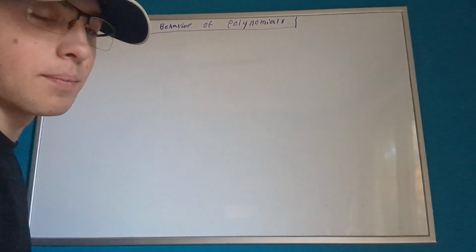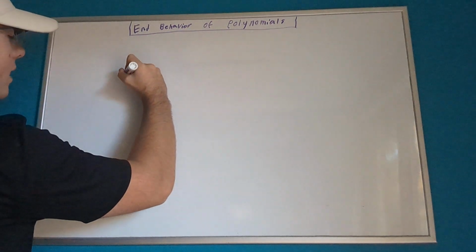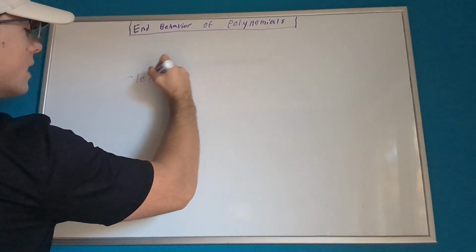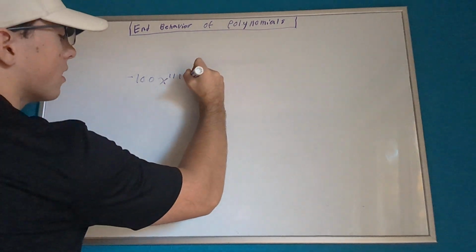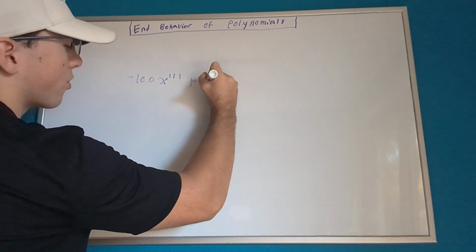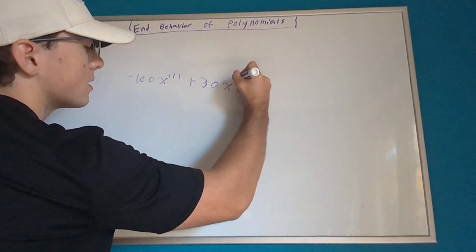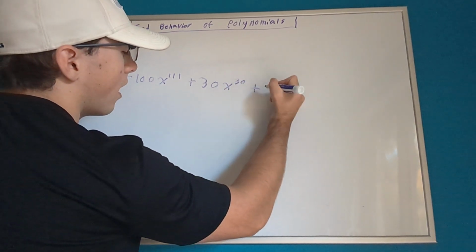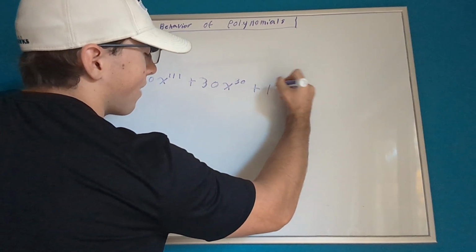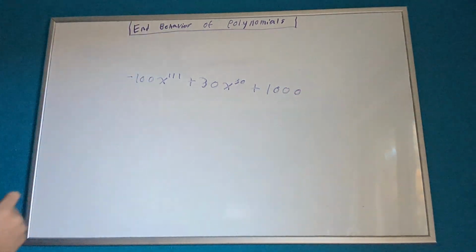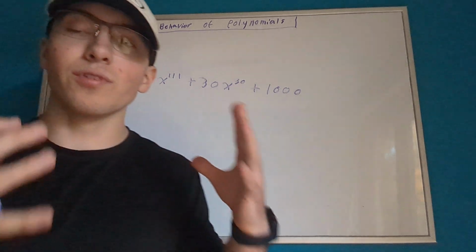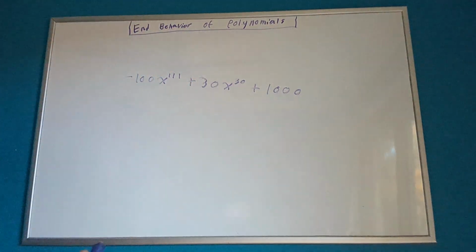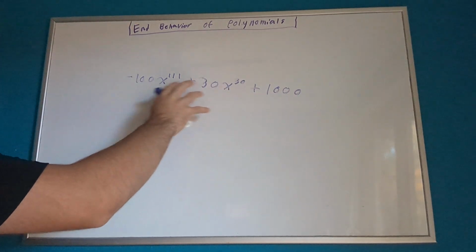Let's do one more example. Let's do -100x^111 + 30x^30 + 1,000. Once again, we want to determine the end behavior. This would be really complicated to graph out, and super annoying with these very high powers.